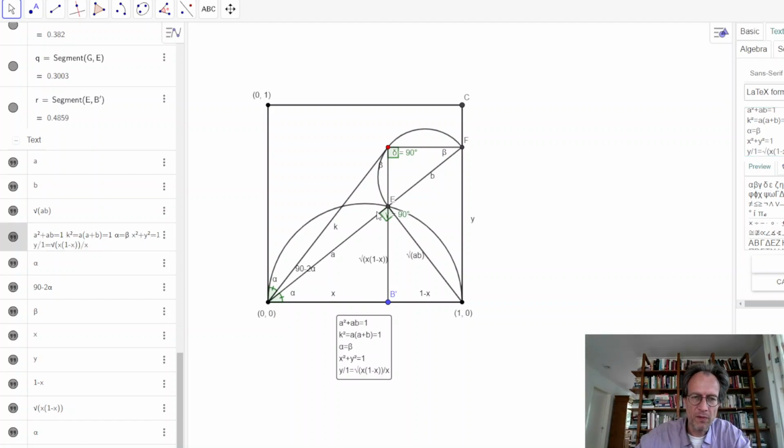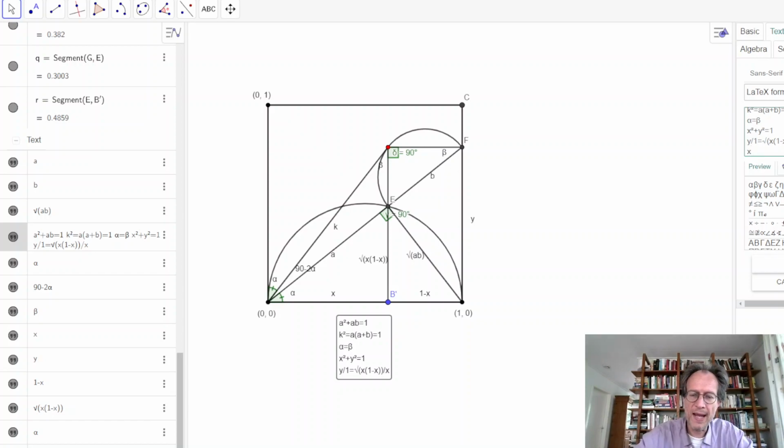So this divided by this is this divided by this. Here we have found two equations with two variables x and y. I leave that to the reader to solve, but it is not that hard.